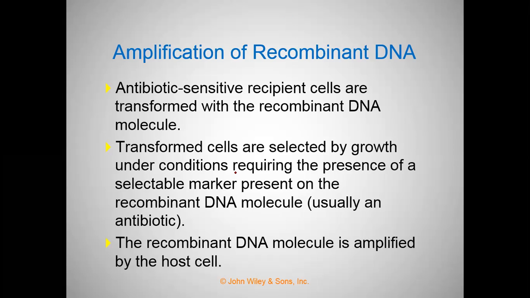For that purpose, we select the colonies of the bacterial cells which can grow on a certain specific condition. Say, for example, with the insertion of the beta globin gene, we may also insert an antibiotic resistance gene into the plasmid DNA. If bacteria grow in the antibiotic-containing environment, it means our gene of interest is added.